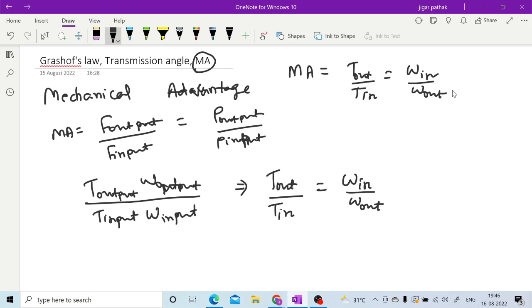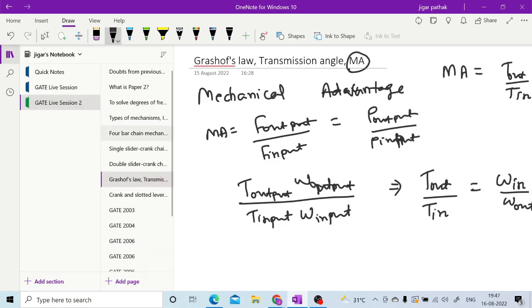So this is how you will have your mechanical advantage, and we will see for different types of mechanisms how you can calculate this mechanical advantage. So this is force output by force input.